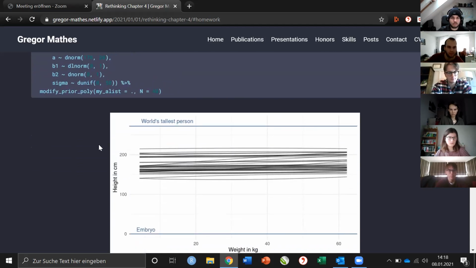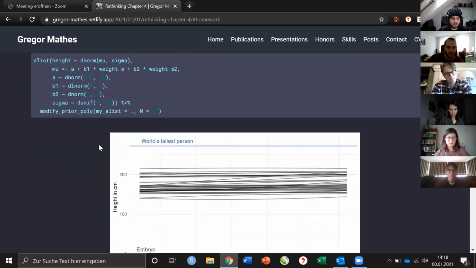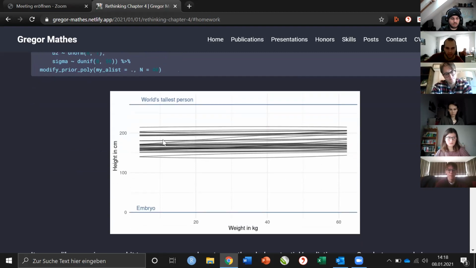This is the output for 40 trend lines, and it seems a bit too high for me. So the mean for all of these prior predictions would be around 190 or 180, it seems.